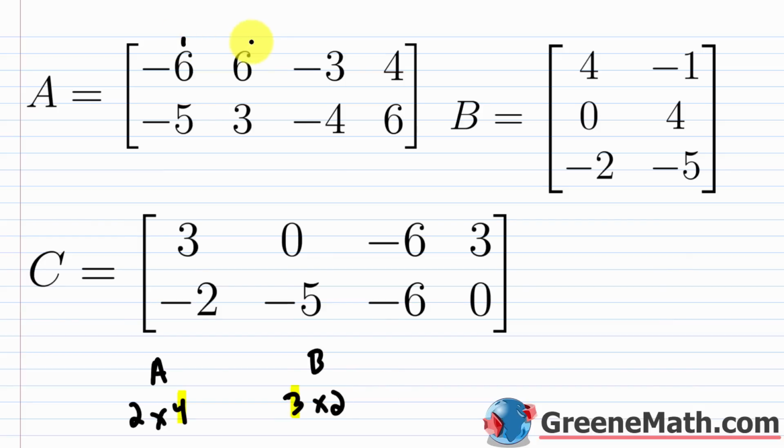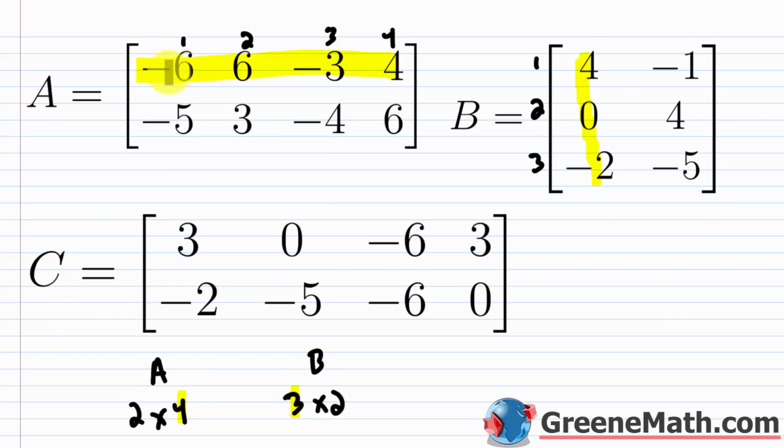Again, just think about it. You have 1, 2, 3, 4 columns in your matrix A. So if you think about it, that really means that you have 4 elements in each row when you think about matrix A. When you look at matrix B, again, you have 1, 2, 3 rows. So that tells you have 3 elements in each column. So in other words, if you try to multiply, let's say this row by this column, you don't have enough corresponding elements to make it work.